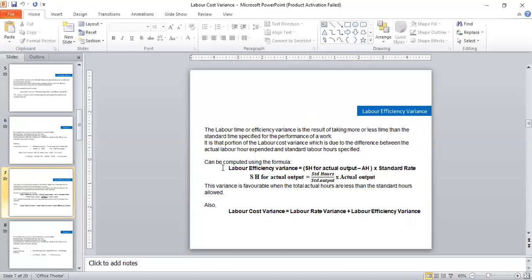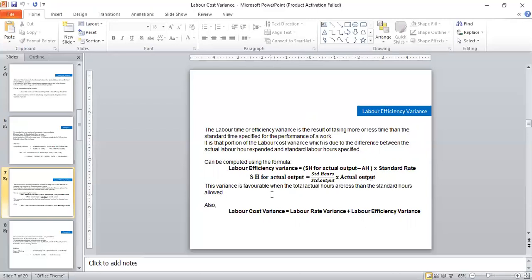We use a formula for this also. The labor efficiency variance is equal to standard hours for actual output minus actual hours, multiplied by standard rate. We have to calculate the standard hours for actual output, which is equal to standard hours divided by standard output, into actual output.